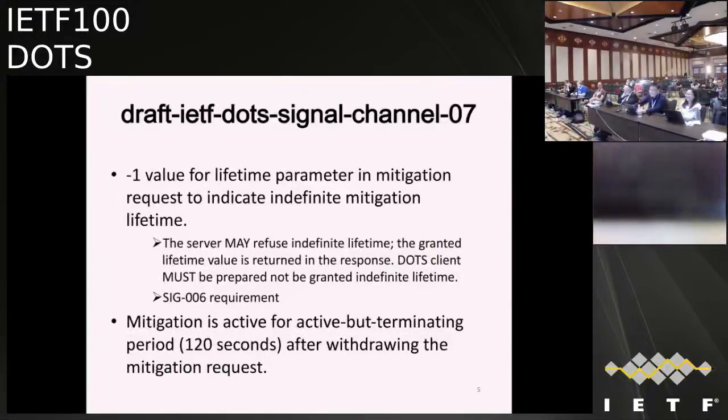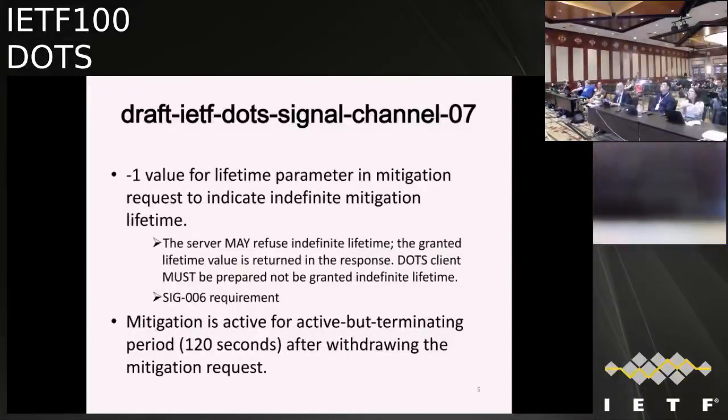This is a discussion related to a comment that was raised by Fleming during the last IETF meeting, which is related to the indefinite lifetime. The outcome of the discussion is that we clarified the text in the signal channel, but I have also updated the requirements draft to align both documents so that there is no misalignment between the protocol specification itself and the requirement that was the origin of this text.